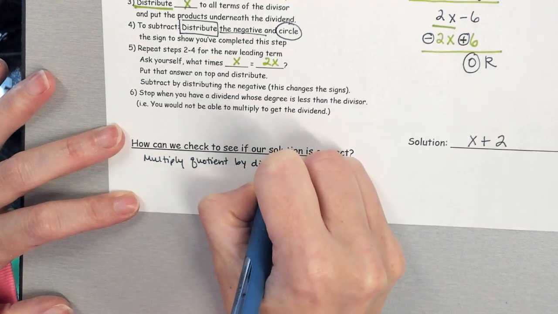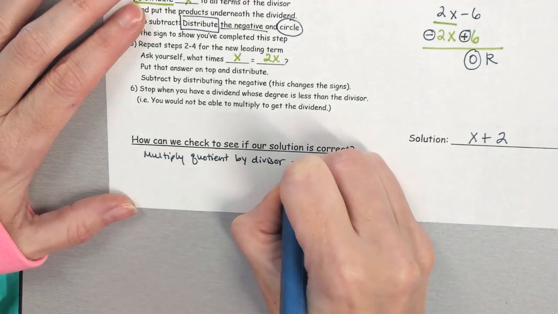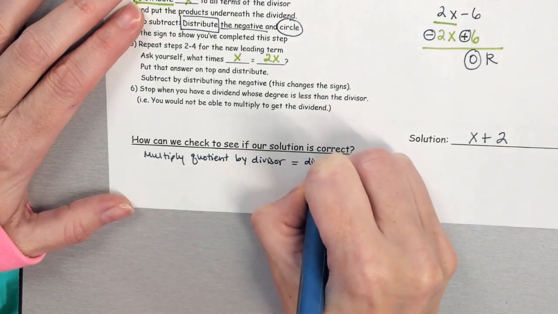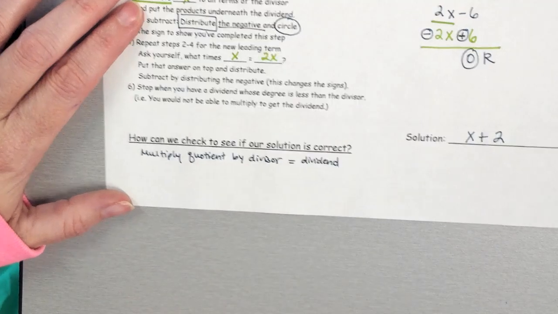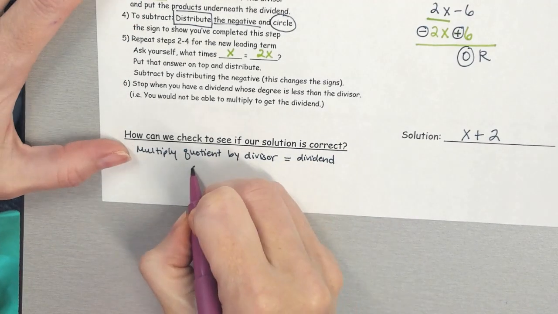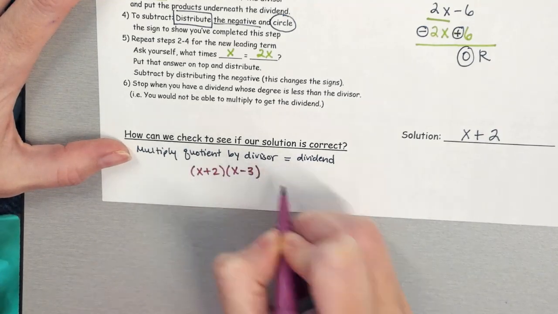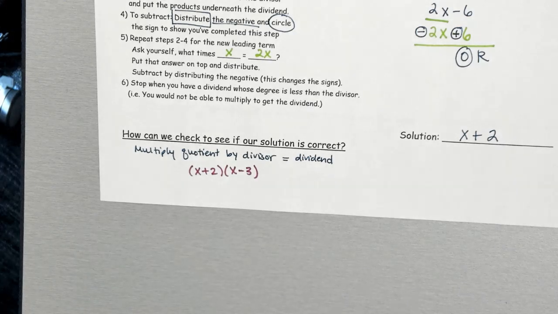So we're going to do that for this one. And it should be equal to the dividend. It should be equal to that number underneath. Okay, so this one is a really quick one to check. So if you multiply x plus 2 times x minus 3, all you have to do is what?